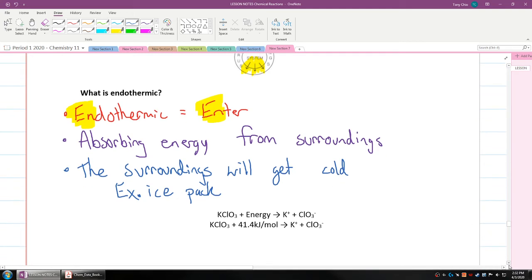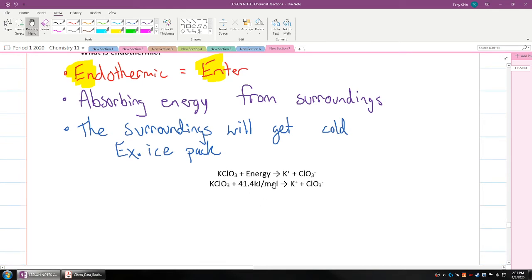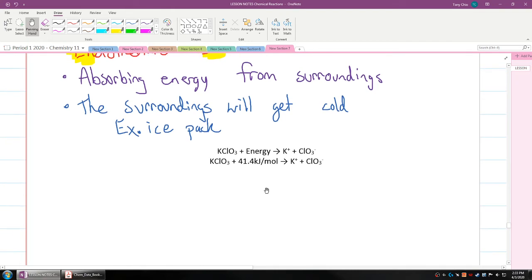So if you look at the thermochemical equation here, we see that here is KClO3, and we add energy into it to break the bonds. When we add energy to break the bonds, we add, in this case, 41.4 kilojoules per mole to do this. So what must delta H be this time? Well, delta H, again, is equal to the enthalpy of the products take away the enthalpy of the reactants.